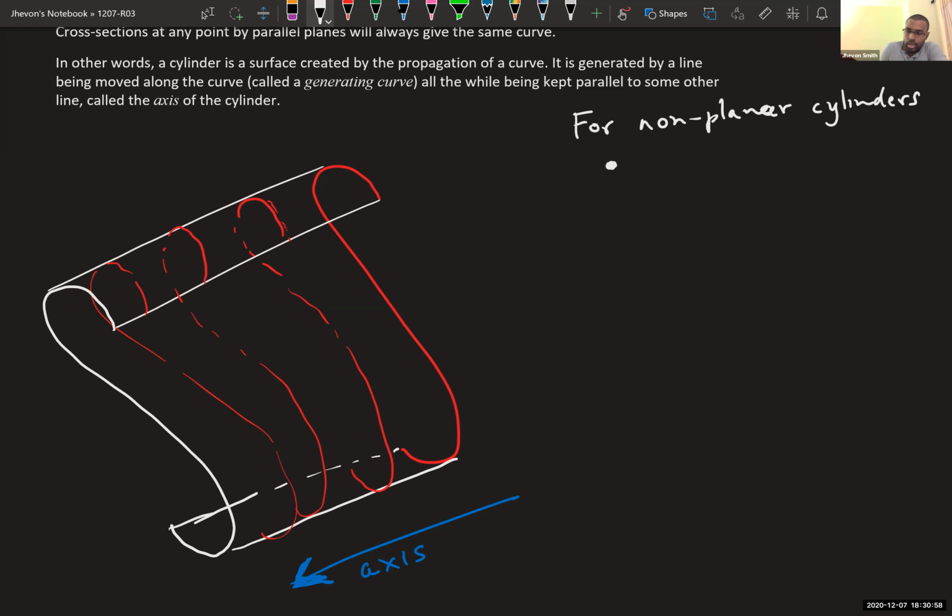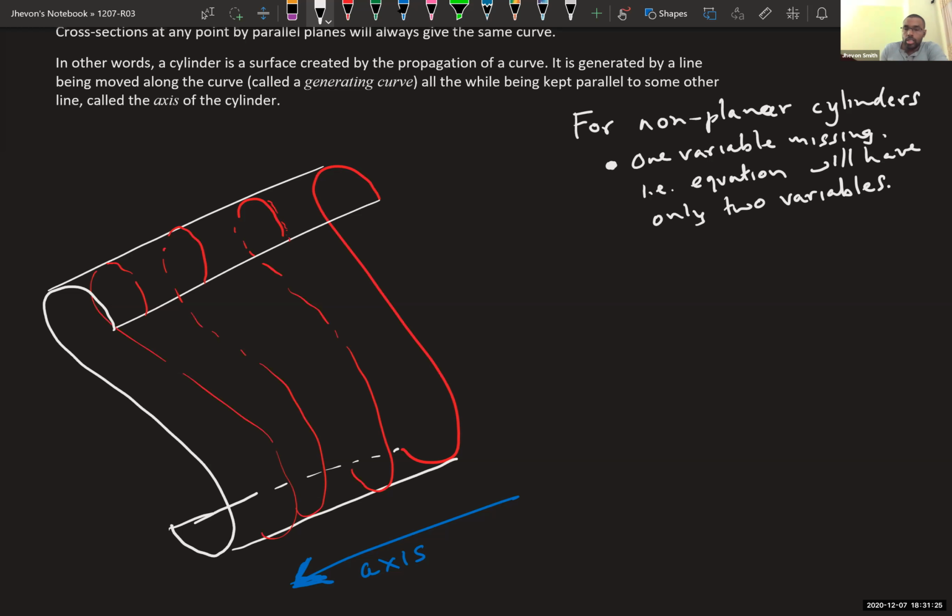So one, you have one variable missing, i.e., the equation will have only two variables. So once you see an equation where there are only two variables, think of it as a cylinder, as long as that thing is not a plane. So I am emphasizing here it's non-planar, right?